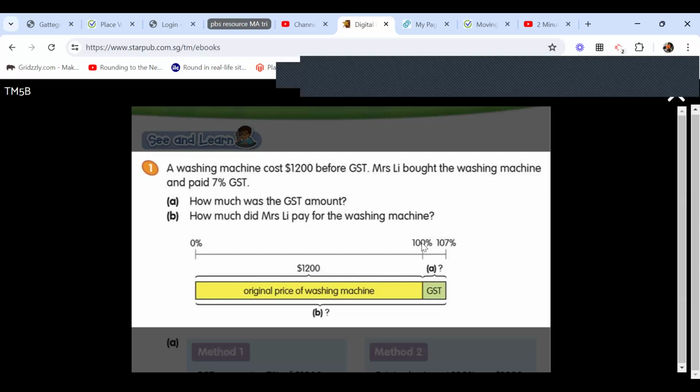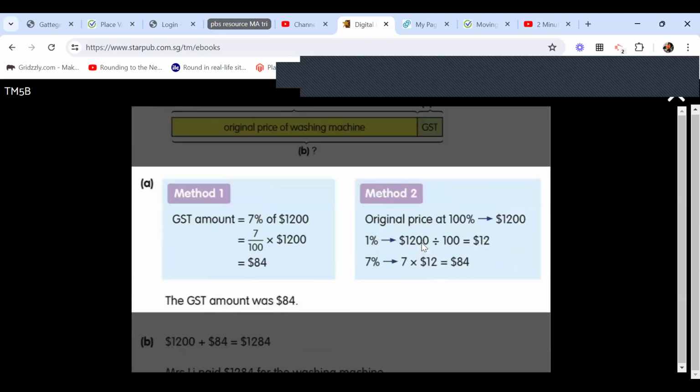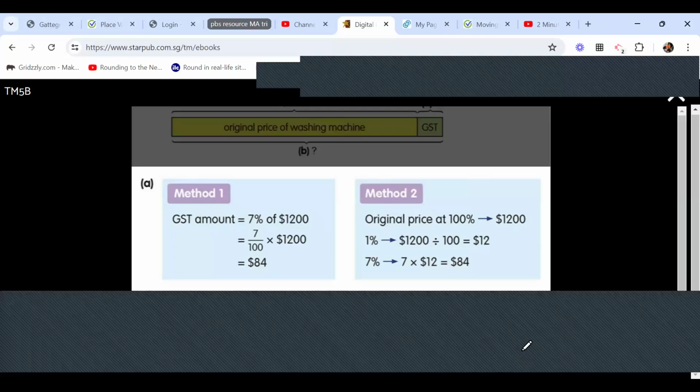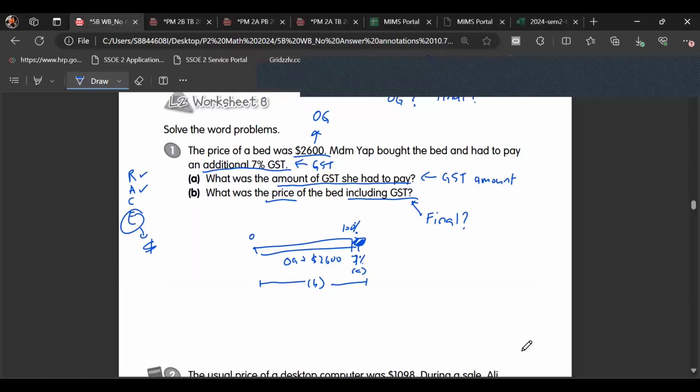Okay, look at the method that you choose. You can choose between A and B. So do you want to choose A or B? Your choice. How do you decide whether to choose A or B? I will say it really depends on the original price number.